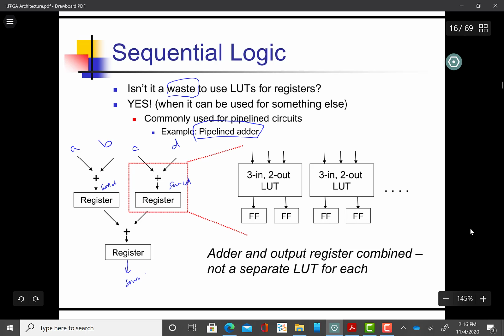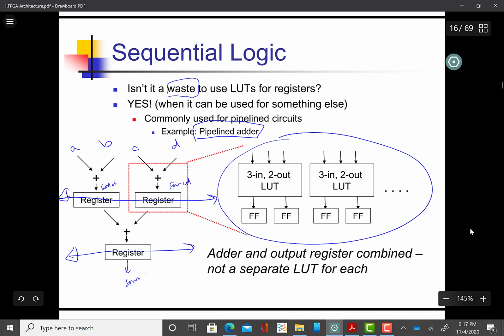So you see that there is this level of registers and this level of registers that is between the combinational logic. So the combinational logic is between these register layers, and this kind of RTL model is directly translated to our FPGA architecture.